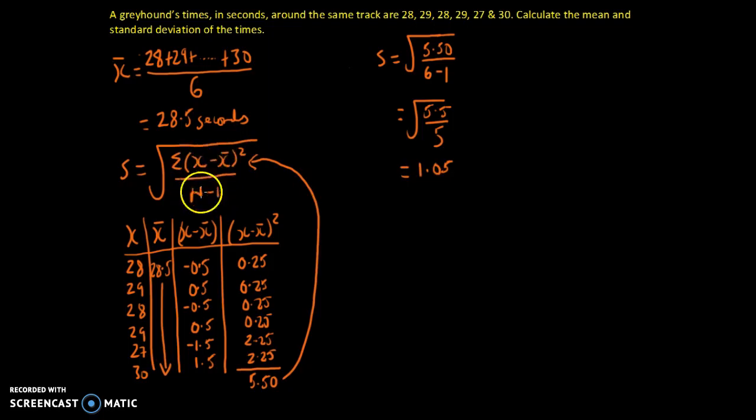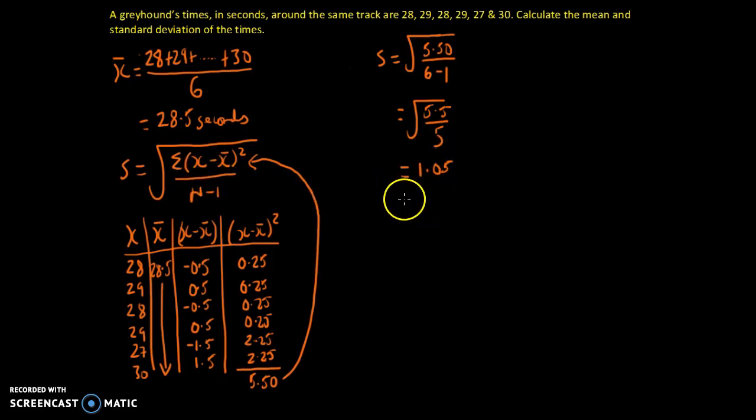Now the interpretation of the standard deviation is quite tricky. You can think of it as the average distance each bit of data is from the mean. It's not quite correct, though that's probably the simplest way to think about it, unless you get more deeply into statistics.